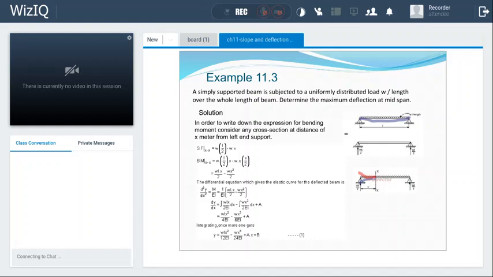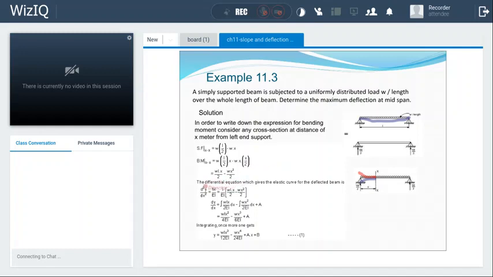So at a distance X by 2, we can say this will be the centroid of this loading, and we can easily calculate this value for bending moment here. So WL by 2 into X minus WX square by 2, these are two components of this equation for bending moment, and we write here.